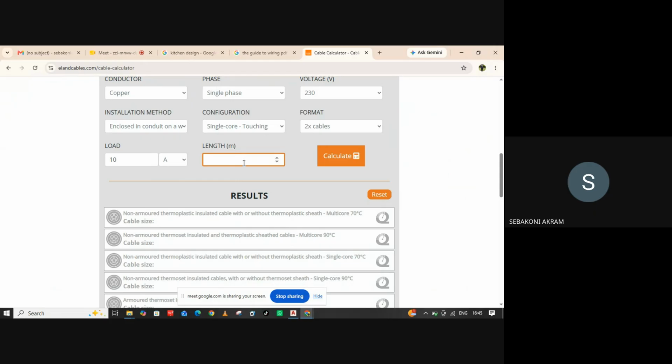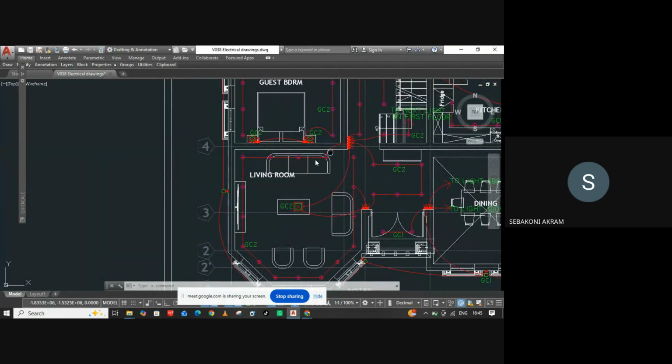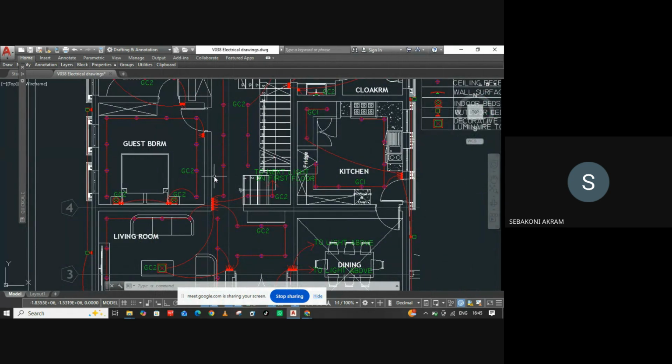So we can consider our length. You can come to your drawing and try to really measure the length from your CU, which is about here.